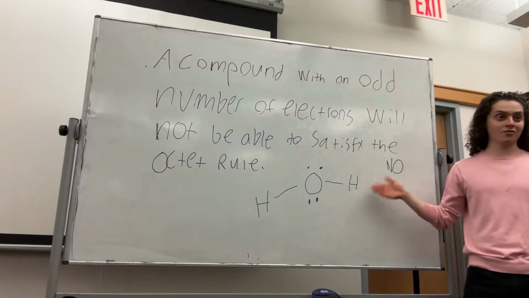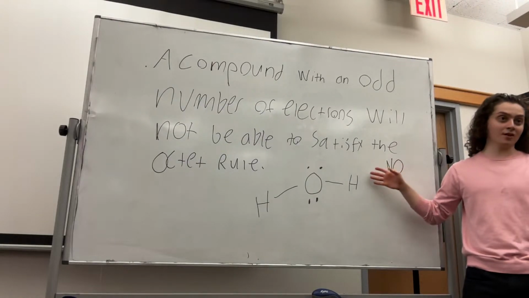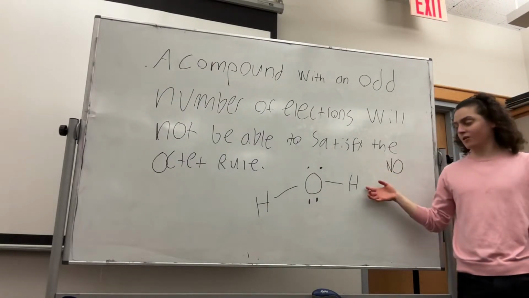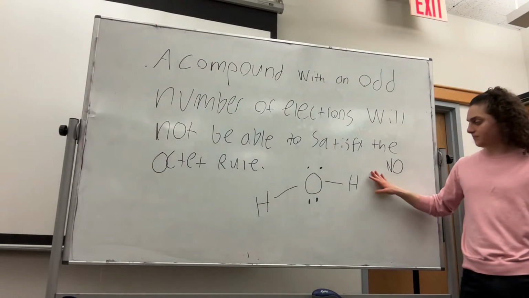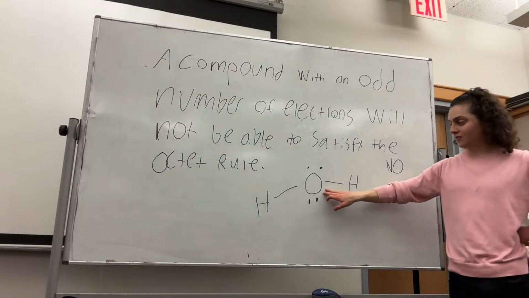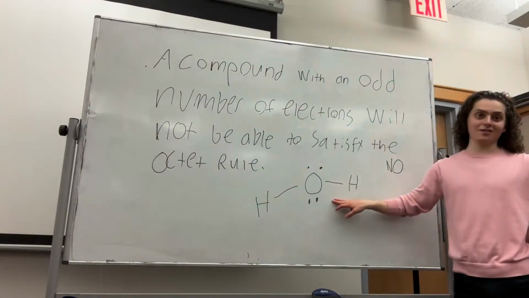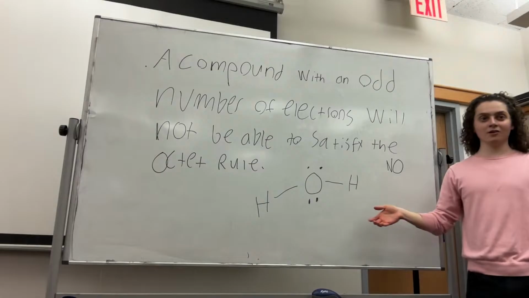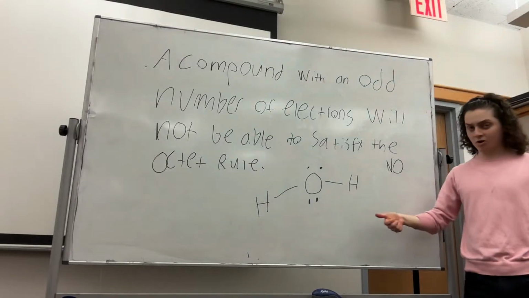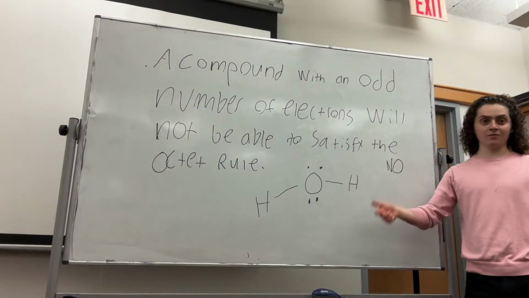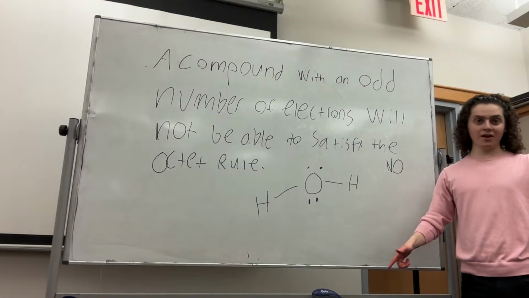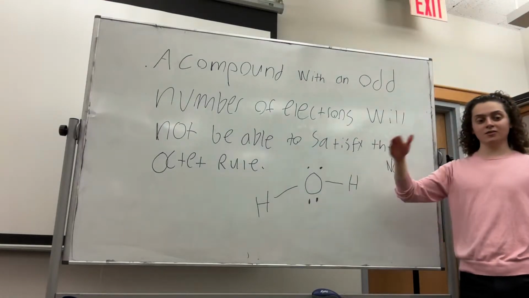You'll never see hydrogen with any more electrons than this in the examples that you'll get. But when it comes to something like oxygen, you really do need 8. And then the other exceptions are boron for fewer than 8, beryllium for fewer than 8, and then the ones that are lower down on the periodic table.